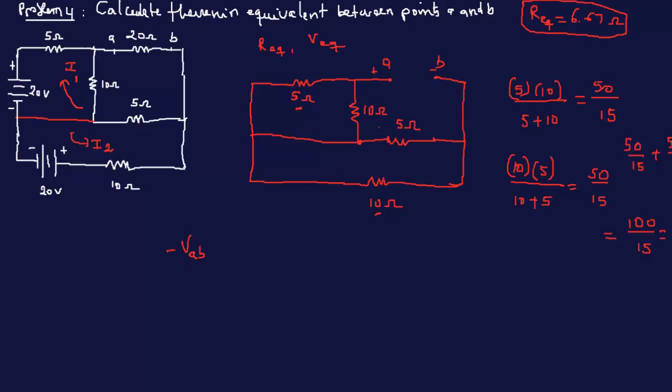Okay, this would be plus minus, so from plus to minus, that's minus 5I2, this current here.